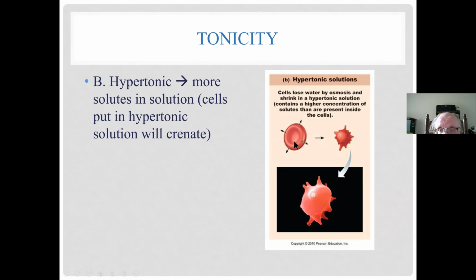So the water is going to come out of the cell and cause the cell to crenate. This is called crenation, so remember that term, you might see it. That occurs when you have a hypertonic solution, which means the number of particles in the solution is greater than the number of particles inside the cell.